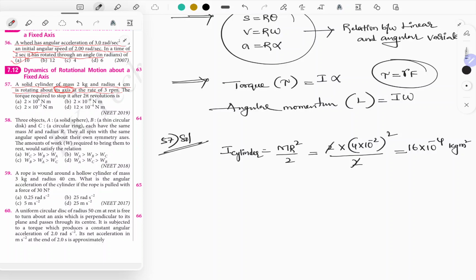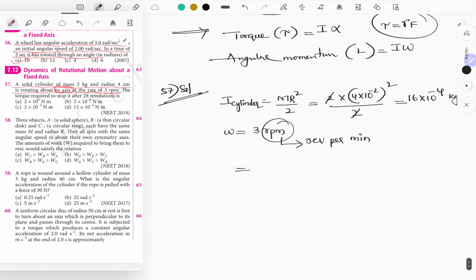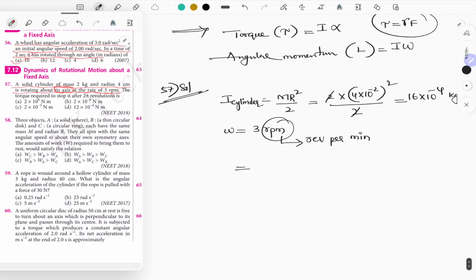Now initially it is rotating at 3 rpm. Okay, super. They have given omega in terms of rpm. We have to convert that into radian per second. What is the meaning of rpm? Revolution per minute. We did learn this in the motion in a plane chapter. If you don't know about this, go through the motion in a plane chapter previous year questions.